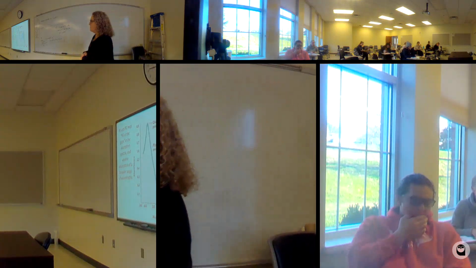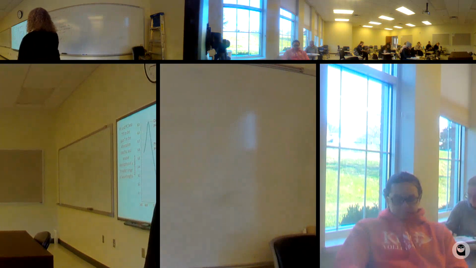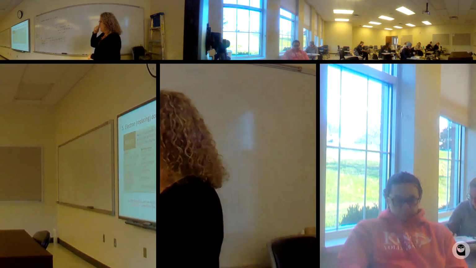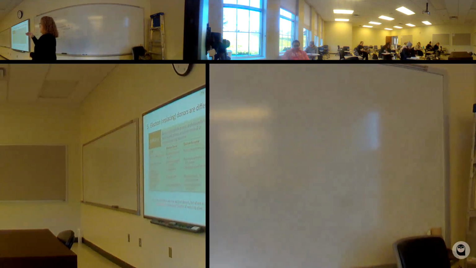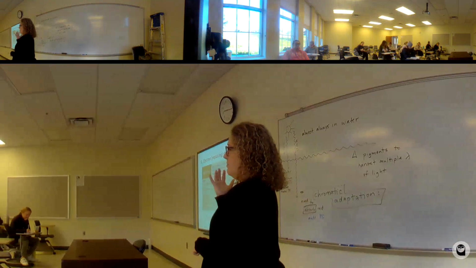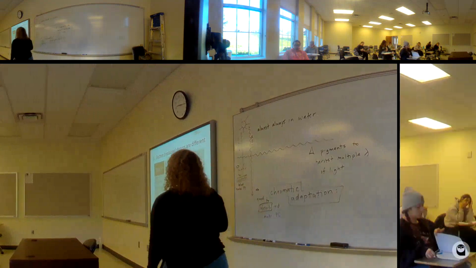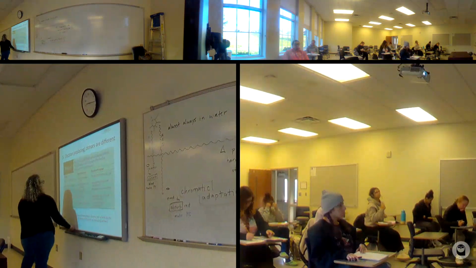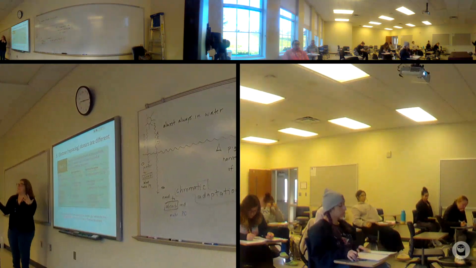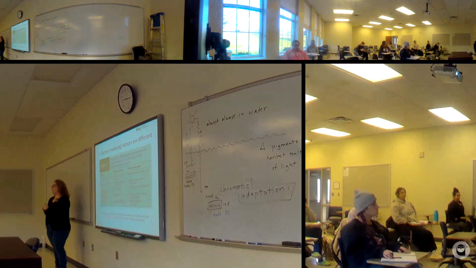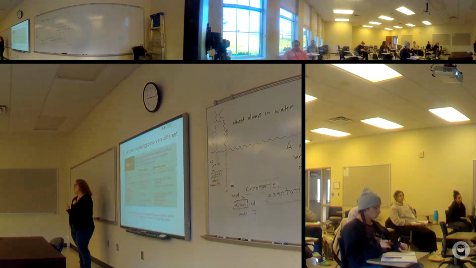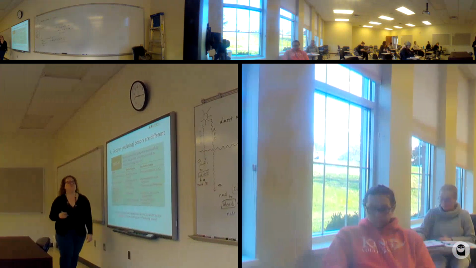Okay, this slide we're going to skip over. It's true facts, but we're going to skip over that. Okay, so we're now returning to: what are the differences between plant and prokaryotic photosynthesis? One of the major differences is that where the replacement electrons are coming from can be different.